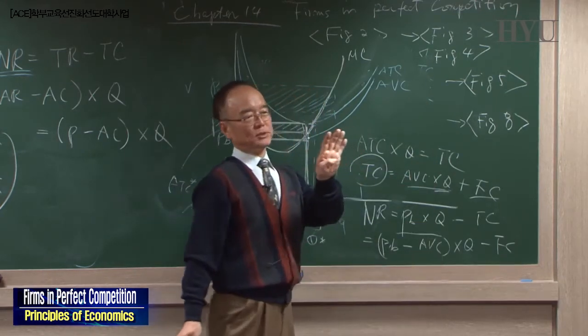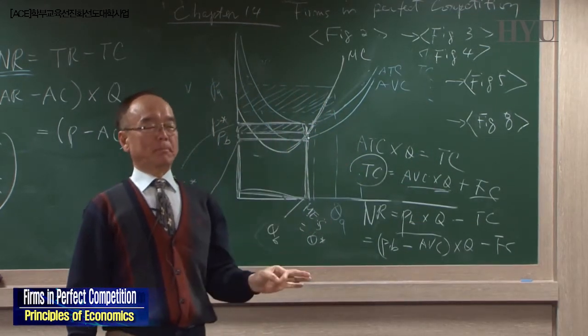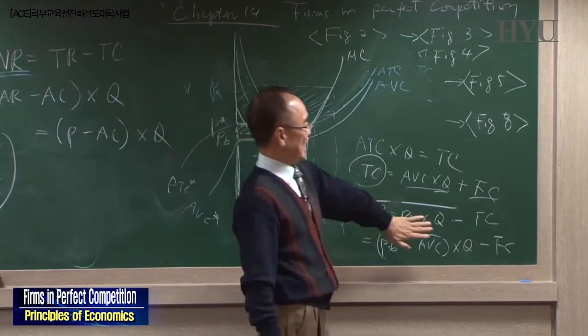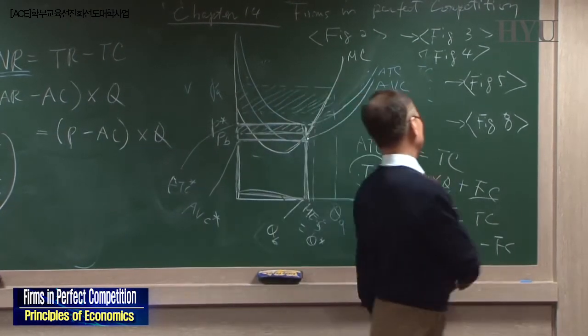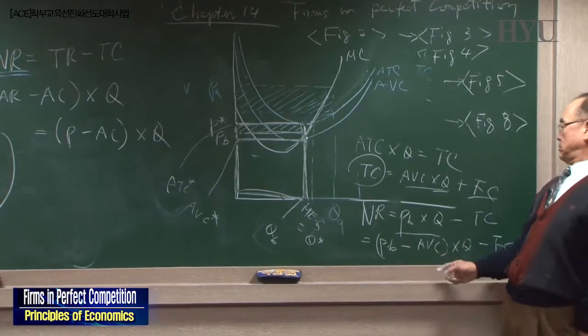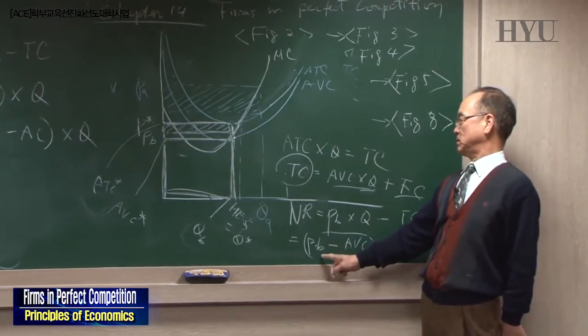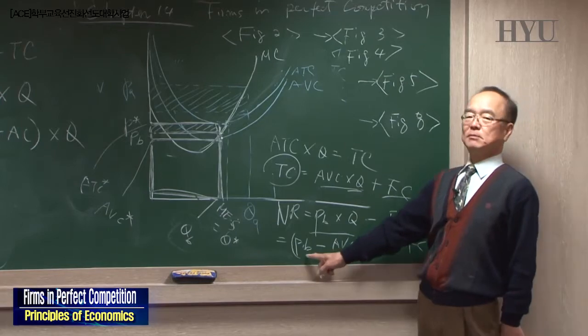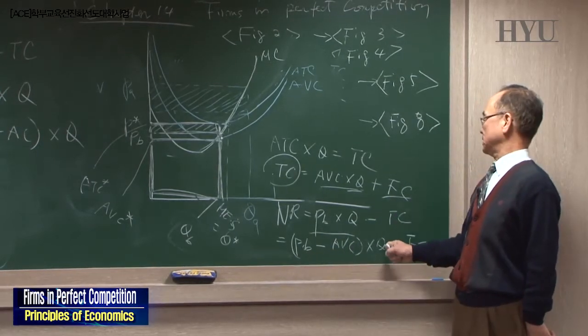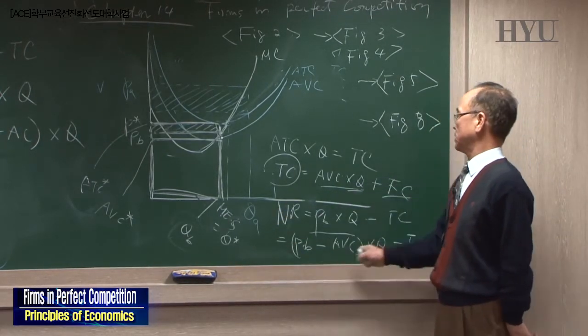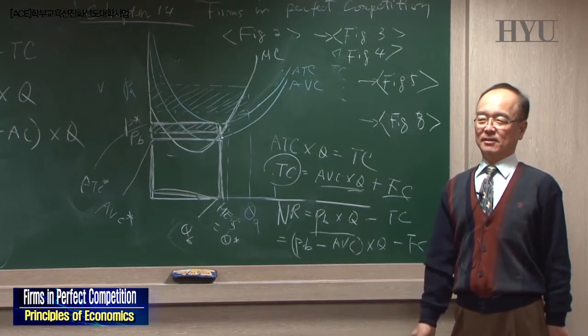So two options. Stop operating, then you have to pay FC, right? Or keep operating. You produce QB. Then PB and AVC, which is bigger? PB is bigger, right? By producing QB, you can reduce your loss. This is easy.